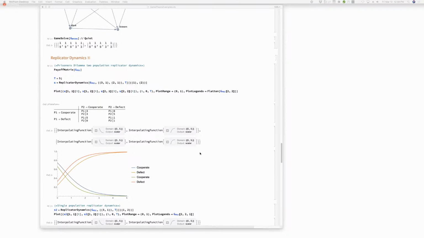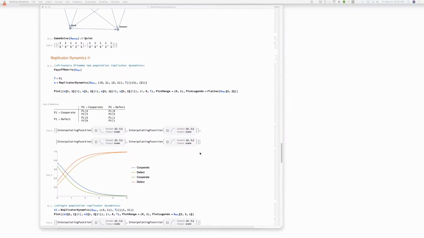Okay, and here there is this replicator dynamics function, which first generates the standard set of differential equations, and then uses NDSolve to solve the differential equation for a given time period. Right.